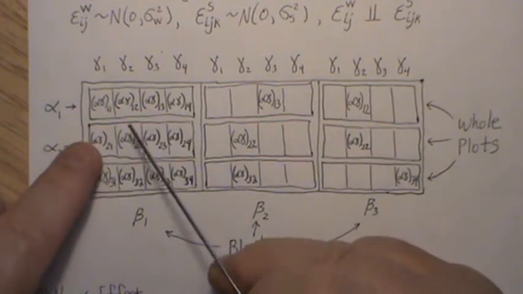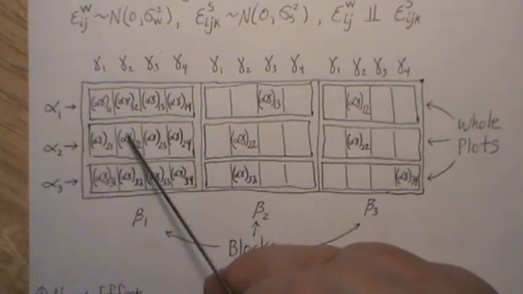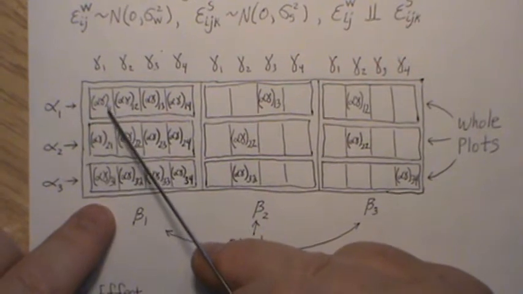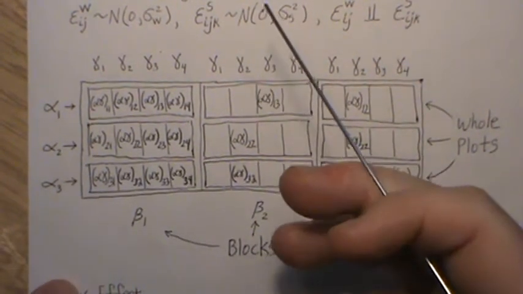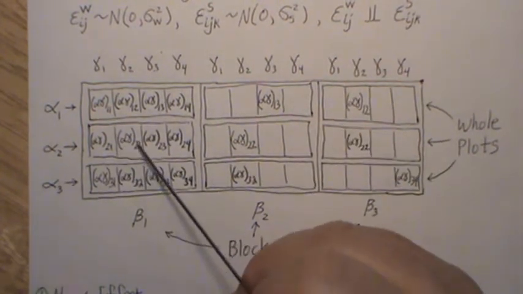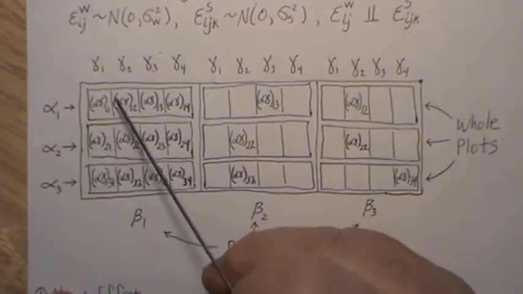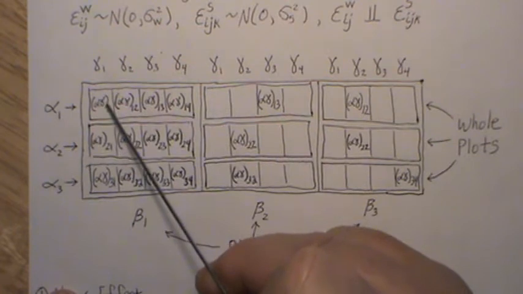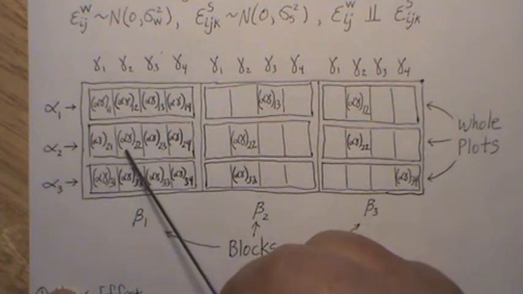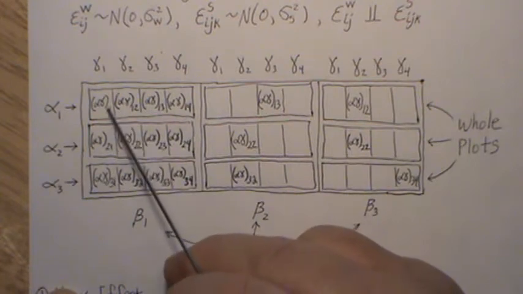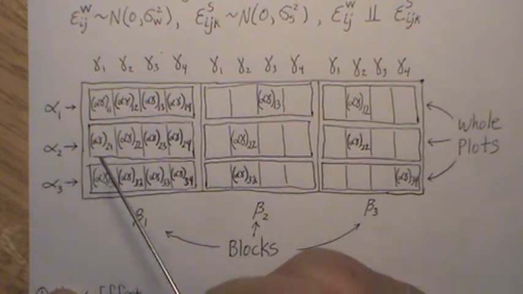Now, for there to be no interaction effect, each one of these has to equal itself, and equal some overall mean. So if this is equal to the mean vector for alpha gamma, then there's no effect here.